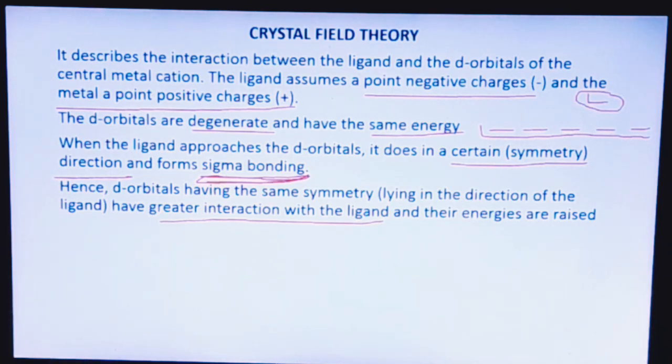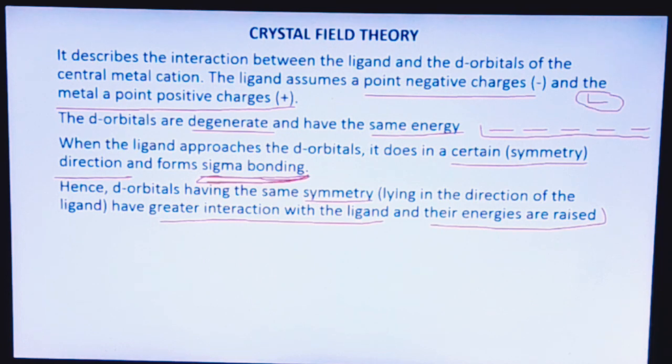So d orbitals having the same geometry or lying in the same direction as the ligand have a greater interaction with the ligand. Because of the greater interaction, their energy is raised.